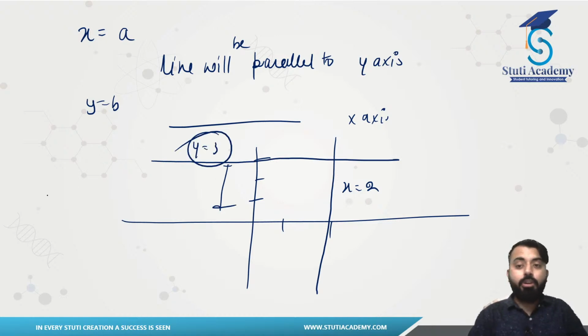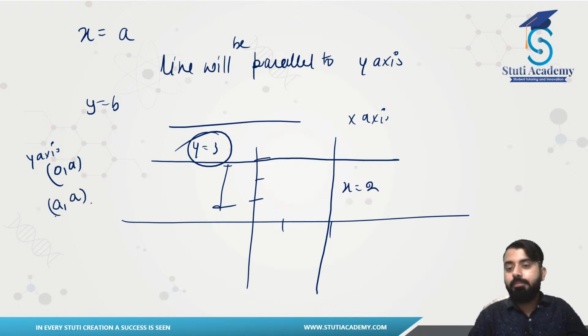You should also remember this one. If you want to plot any point on the y axis, it needs to have a coordinate like 0, a. And if you want to plot any point on the x axis, it needs to have a coordinate like a, 0. And you already remember that a can have both positive and negative values.